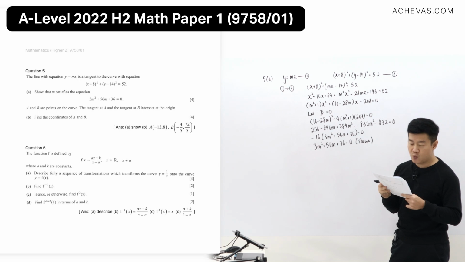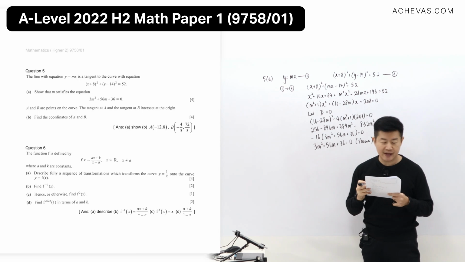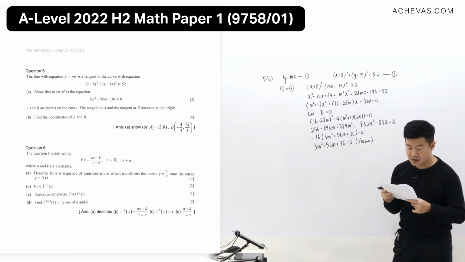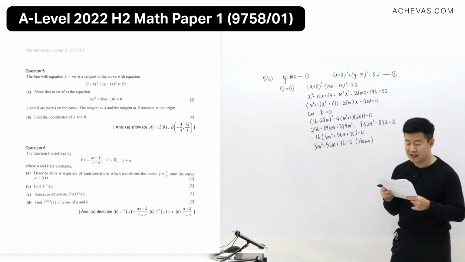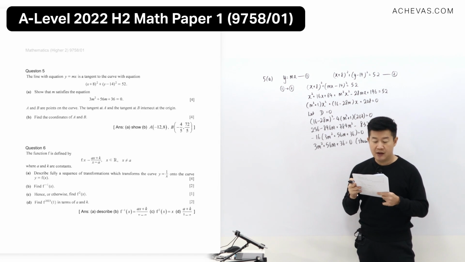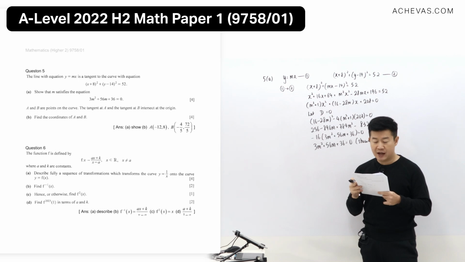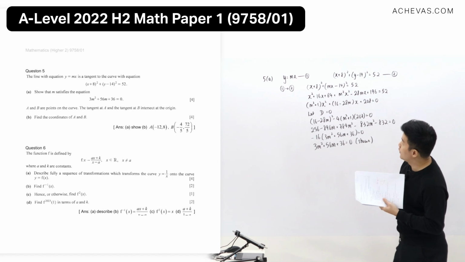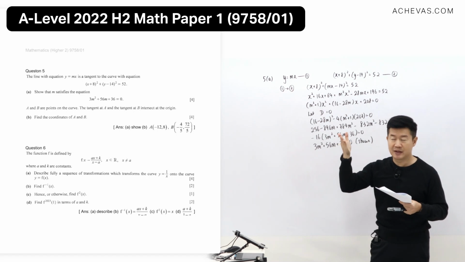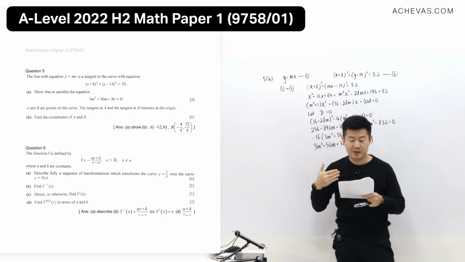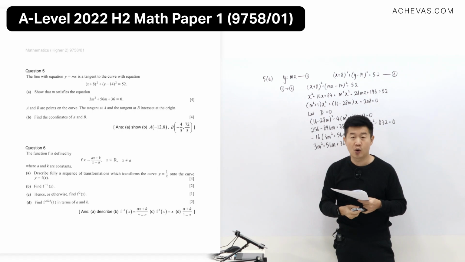And the question went on to say that points A and B are on this curve where the tangent at point A and the tangent at point B intersect at the origin. In fact, what we are looking at is a scenario where the equation of this tangent is already telling me that this tangent is going to be intersecting the origin.